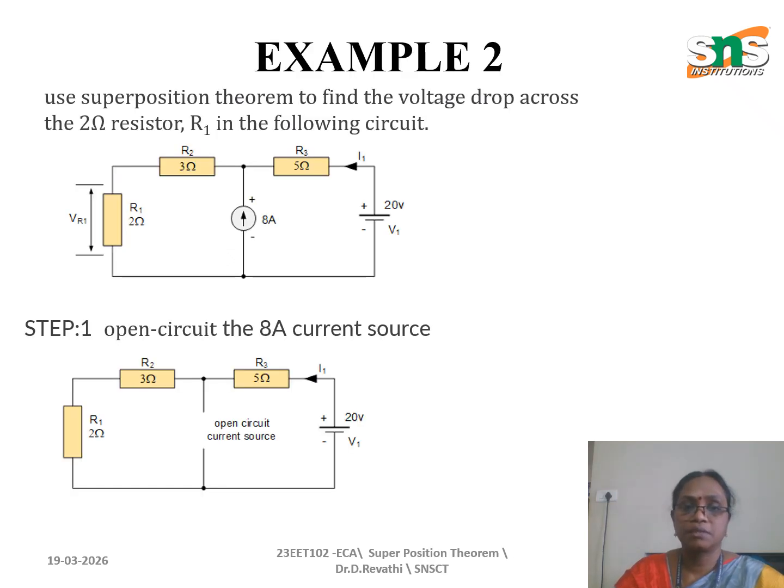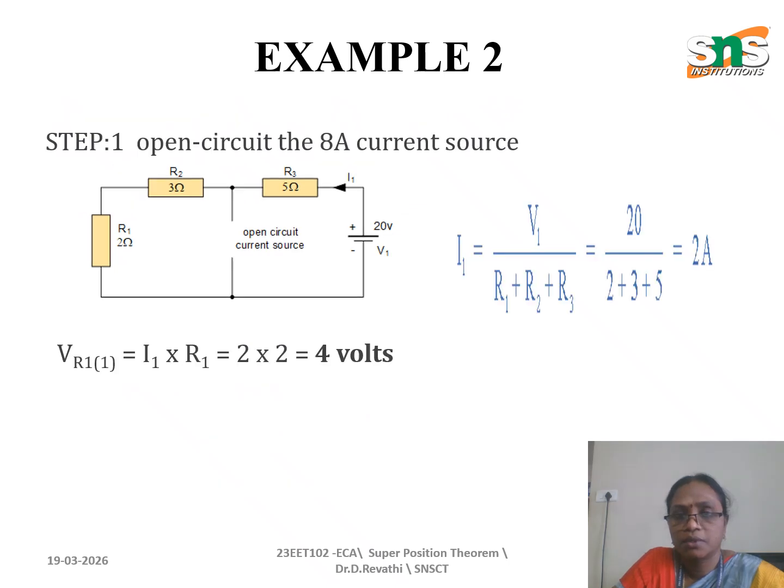Likewise for example 2, in this problem we are going to find the voltage drop across the 2 ohm resistor R1, and this problem also consists of a voltage source and a current source. First we consider the voltage source, so the 8 amp current source is open circuit, and find the current V1 by R1 plus R2 plus R3.